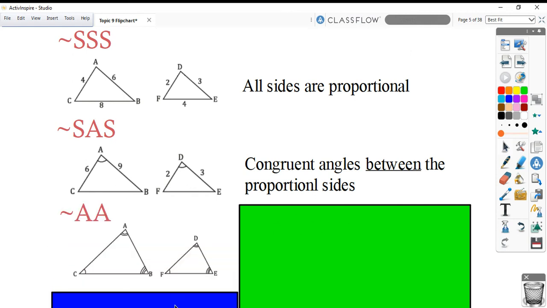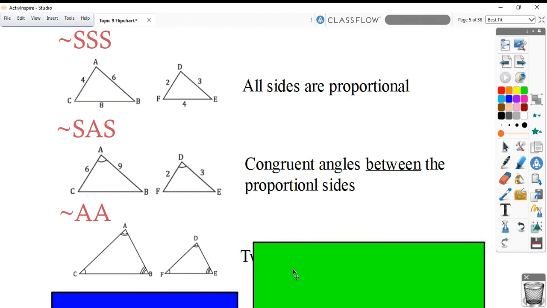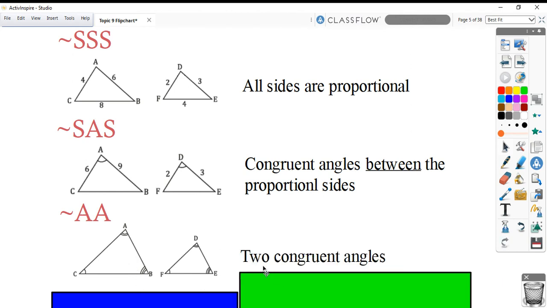Our last one would be angle, angle. What that tells us is if we have two congruent angles, then we've got similar triangles. I want y'all to think about this for a second. Every single triangle that's ever been created always has 180 degrees on the inside.